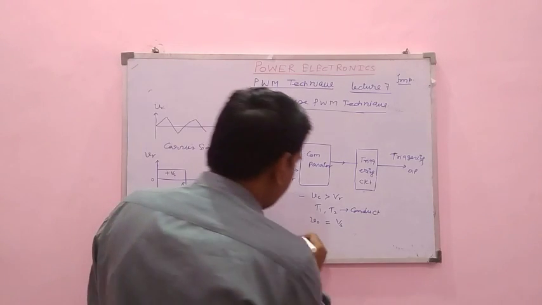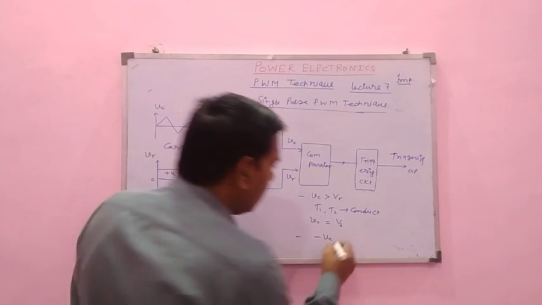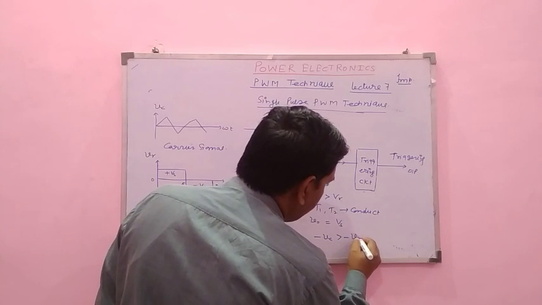The second condition is when the negative amplitude of the carrier signal, minus Vc, is greater than the negative amplitude of the reference signal.